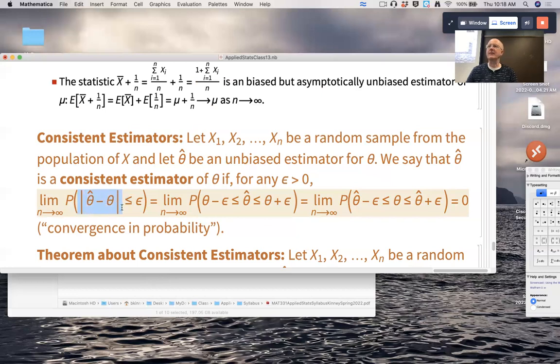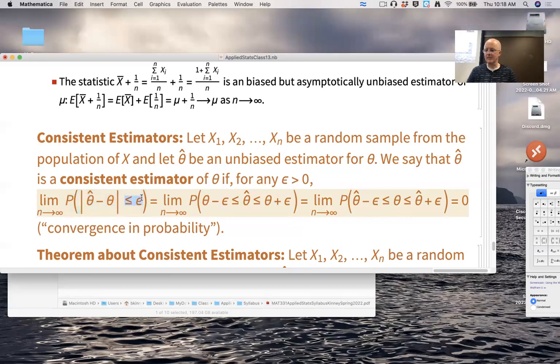The absolute value of the difference of two real quantities is the distance between them on a number line. This probability statement is then asking for the probability that the distance between theta hat and theta is less than or equal to some given number epsilon.